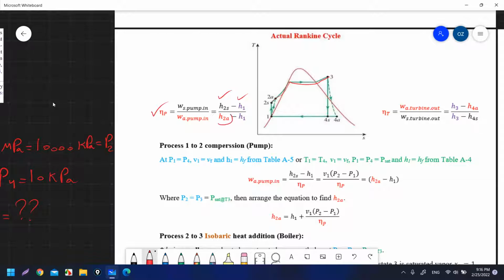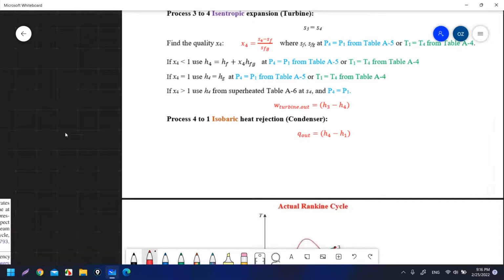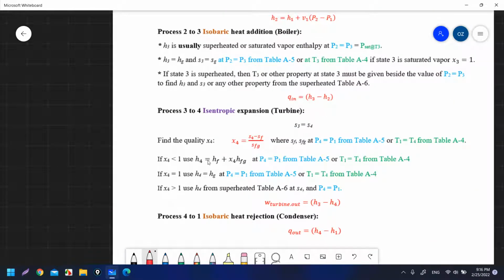The remaining is H2A. And here also for the turbine we have the work turbine out, the actual work, because that is why we have A here, over the isentropic or ideal work for the ideal Rankine cycle. And we are given this one. I can calculate the ideal turbine work like for the ideal cycle. I can calculate H4S like the previous procedure in the previous video.